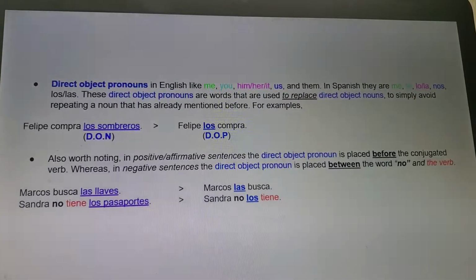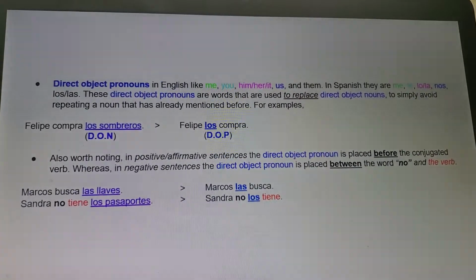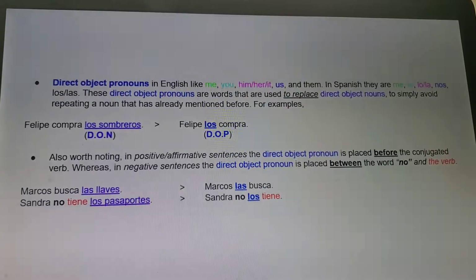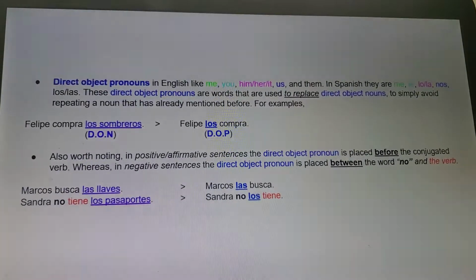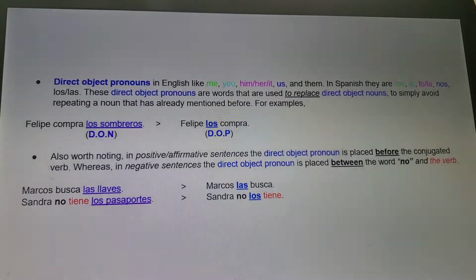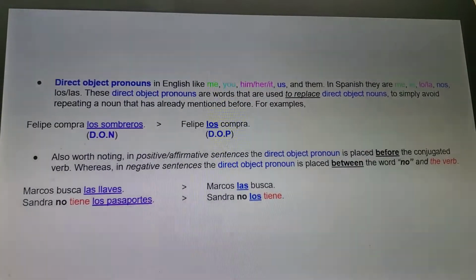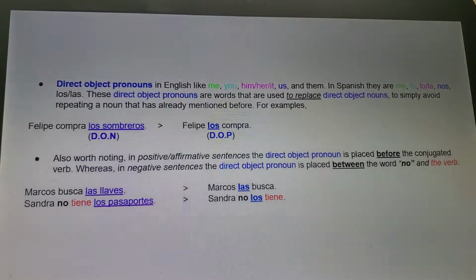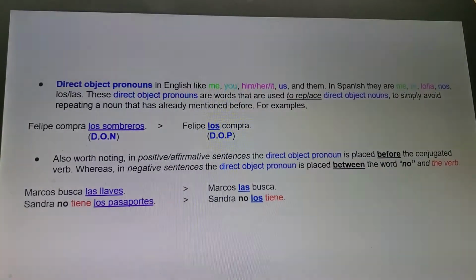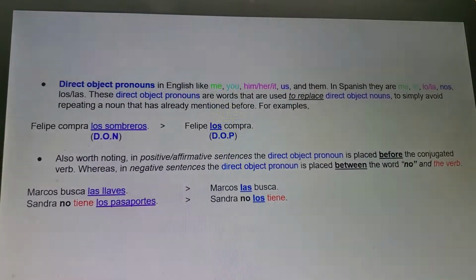Another example, Sandra no tiene los pasaportes. Los pasaportes is the direct object noun in this sentence, and it is a negative sentence. So the word no goes before the verb tiene.